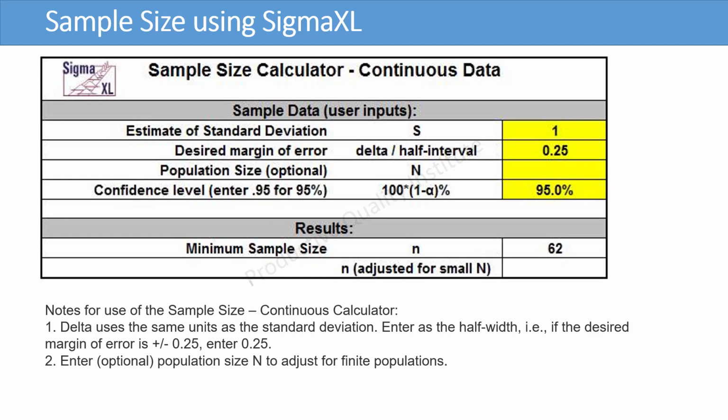Delta uses the same units as the standard deviation. Enter it as half of the width. For example, if the desired margin of error is plus or minus 0.25, enter 0.25. Optionally, enter population size N to adjust for finite populations.